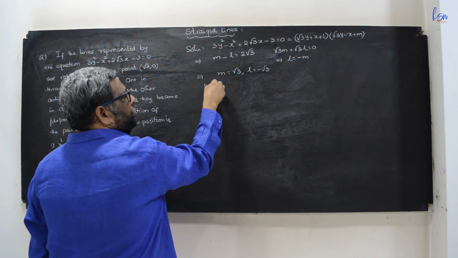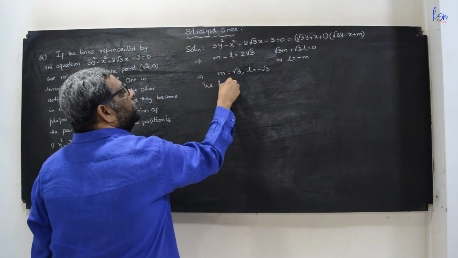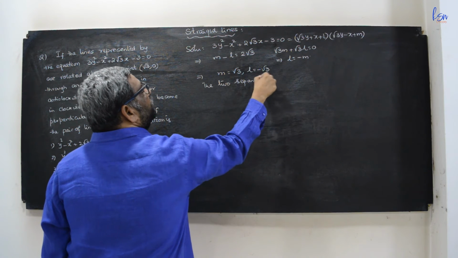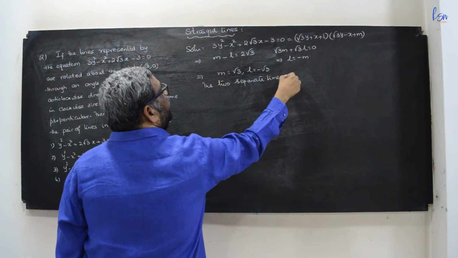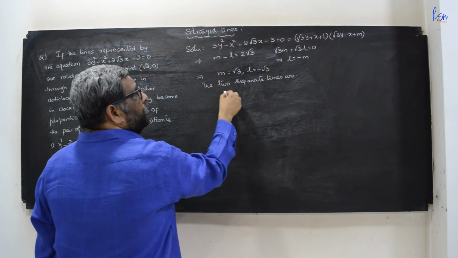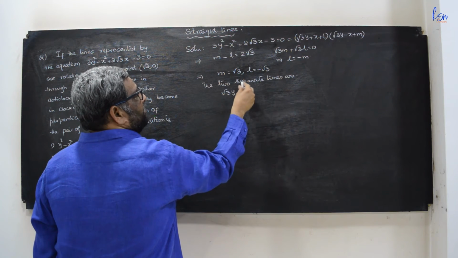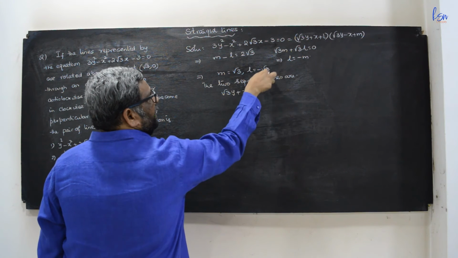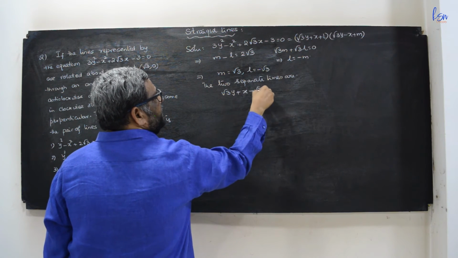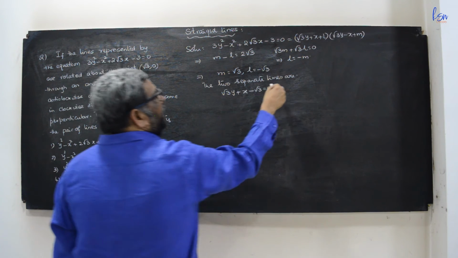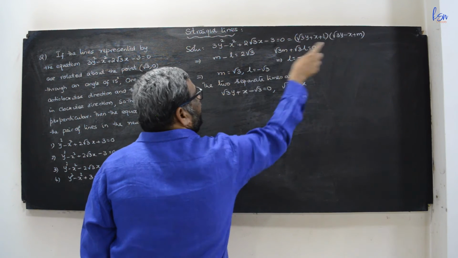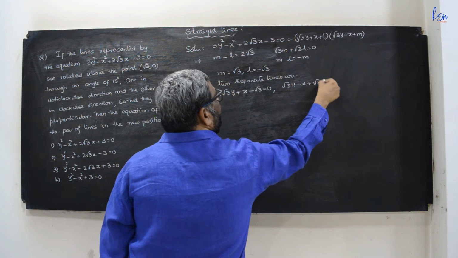Therefore, the two separate lines are root 3y plus x plus L, that means root 3y plus x plus L, minus root 3 is equal to 0. And root 3y minus x plus m plus root 3 is equal to 0.